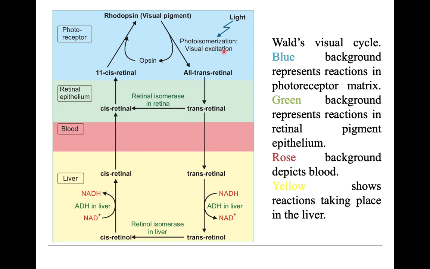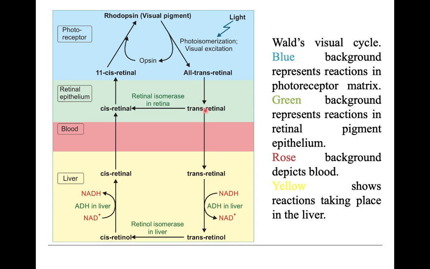Also it will isomerize this 11-cis retinal into all-trans retinal. So rhodopsin, which was made up of opsin and 11-cis retinal, will liberate opsin, and this 11-cis retinal will be isomerized to all-trans retinal.